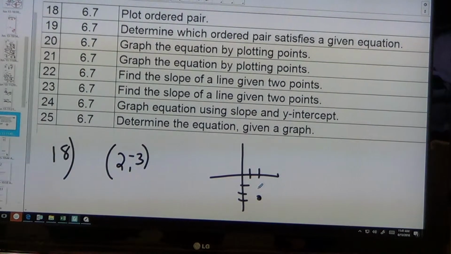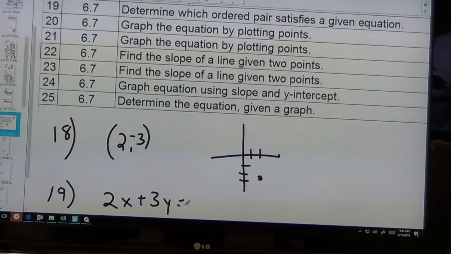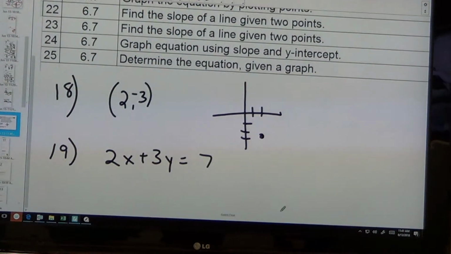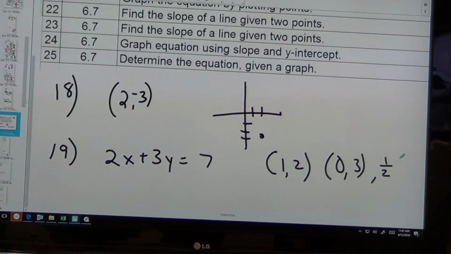We cool? Number 19, I'm going to give you a problem like 2x plus 3y equals 7. And I'm going to give you several ordered pairs, like (1, 2), (0, 3), (1/2, ...). I'm just making something up.